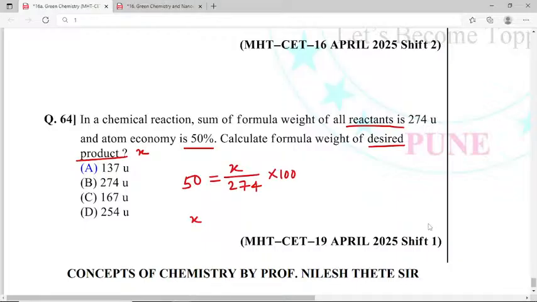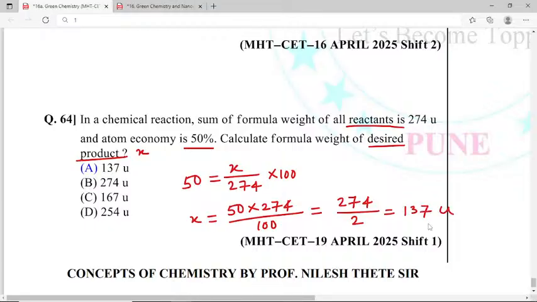X equals 50 multiplied by 274 divided by 100. So 50 by 100 is 1 by 2, and 274 divided by 2 gives 137 u, where u stands for unified mass. So option A is correct.